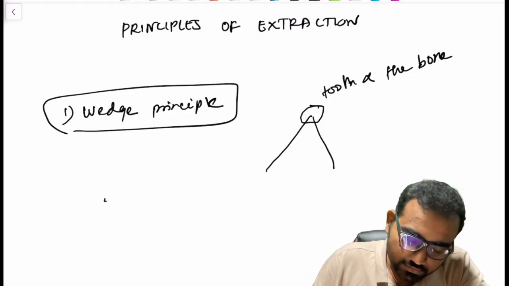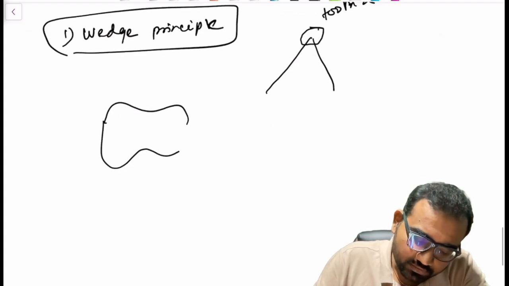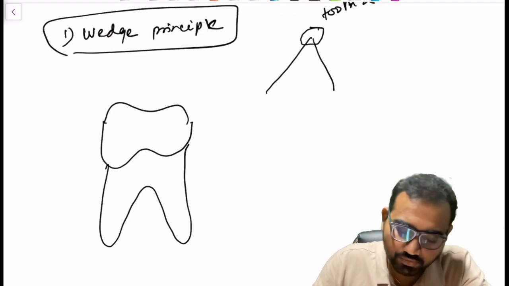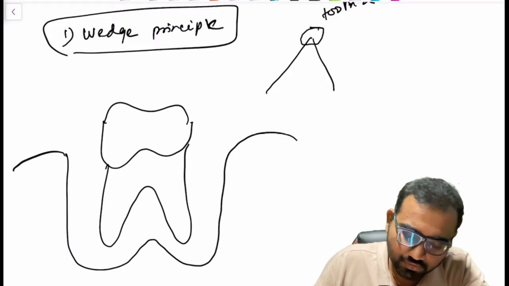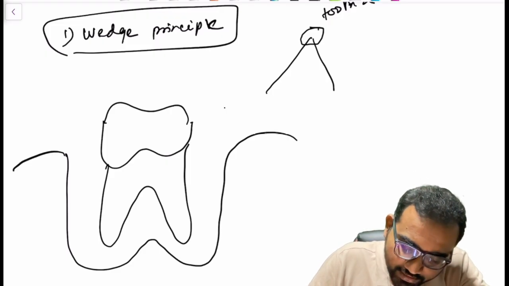Let us imagine that this is a tooth, and then we have the alveolar bone, and I am inserting the instrument here.